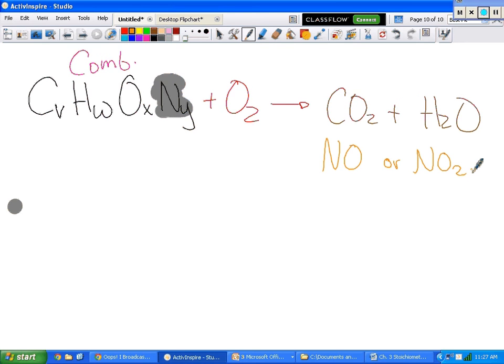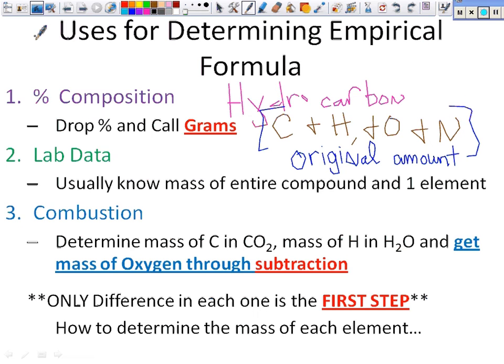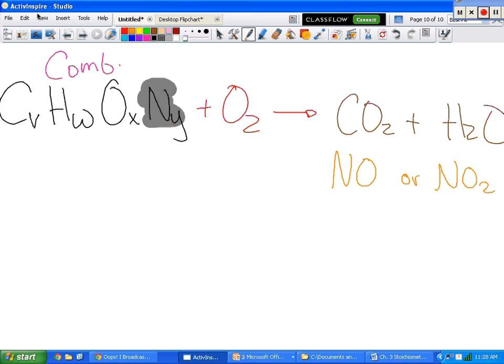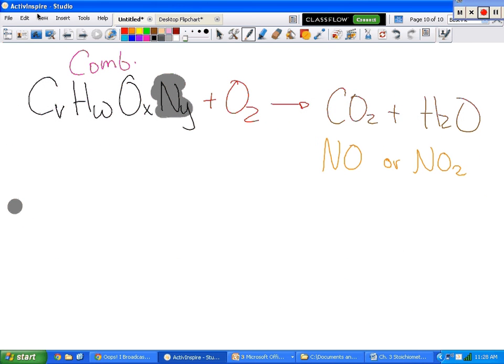So here's the deal. If I want to know how much each original amount is, there's really only one way to do it. And I've listed the steps here. Number one, determine the mass of carbon in CO2. Why can I do that? Can I get carbon from CO2? Carbon is one place on the left and one place on the right.